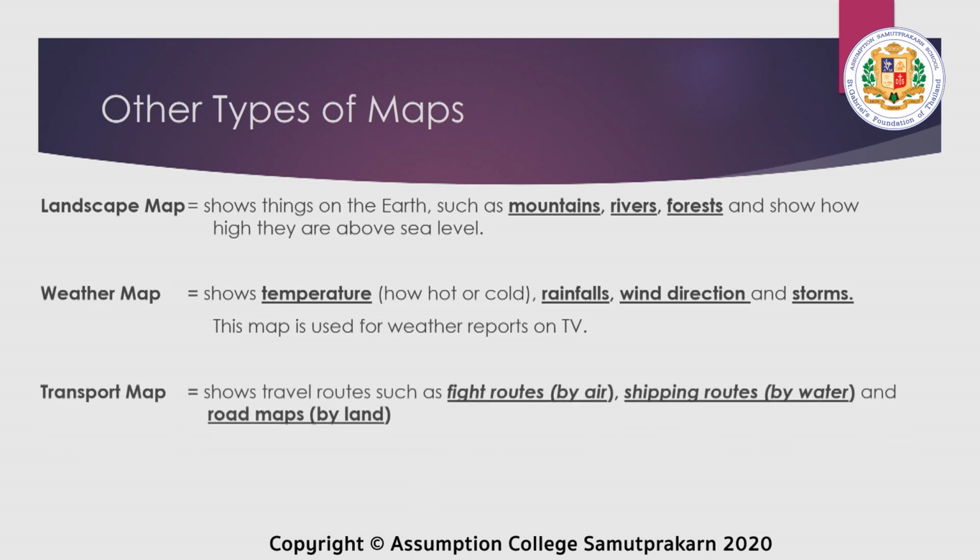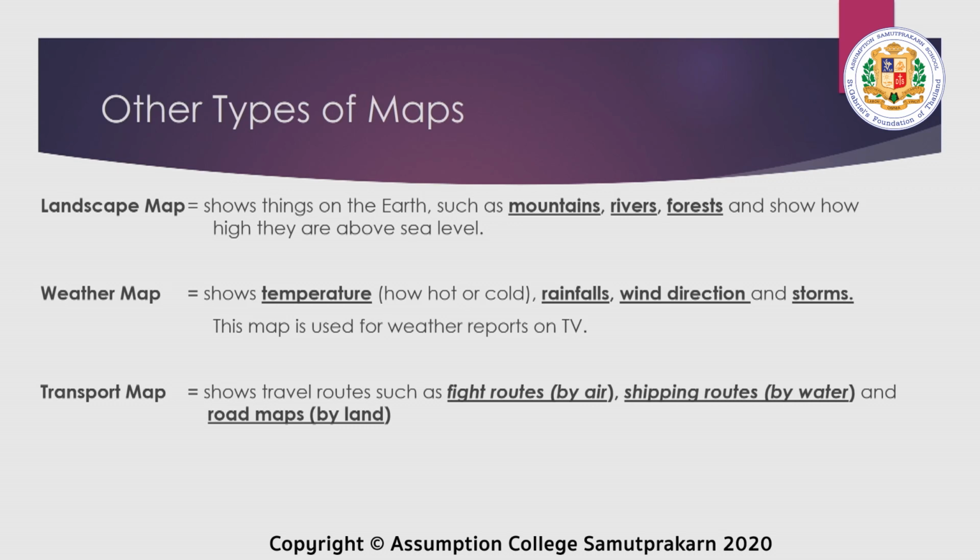The third kind of map is the transport map. From the word transport, a system carrying people or goods from one place to another. Now, there are three kinds of travel routes. We can travel by land, by air, or by water.